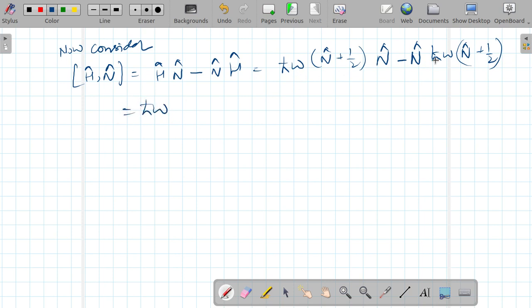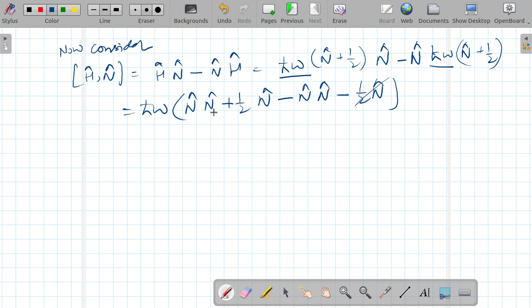H cross omega can be taken outside because it is simply a number, and it is n cap plus 1 by 2 n cap minus n cap into n cap minus 1 by 2 n cap. So this will cancel out with it, and this will cancel out with it. So it is h cross omega into 0, so its value will be equal to 0.